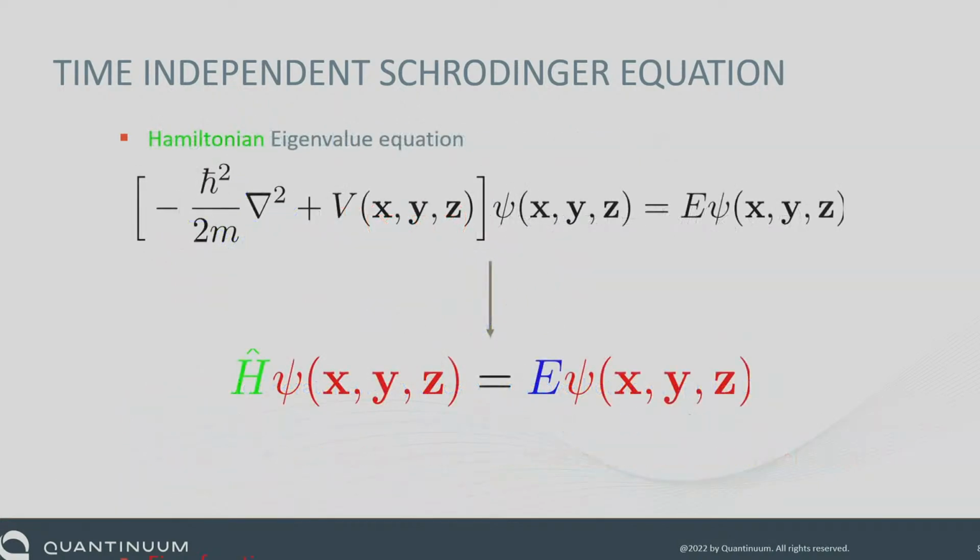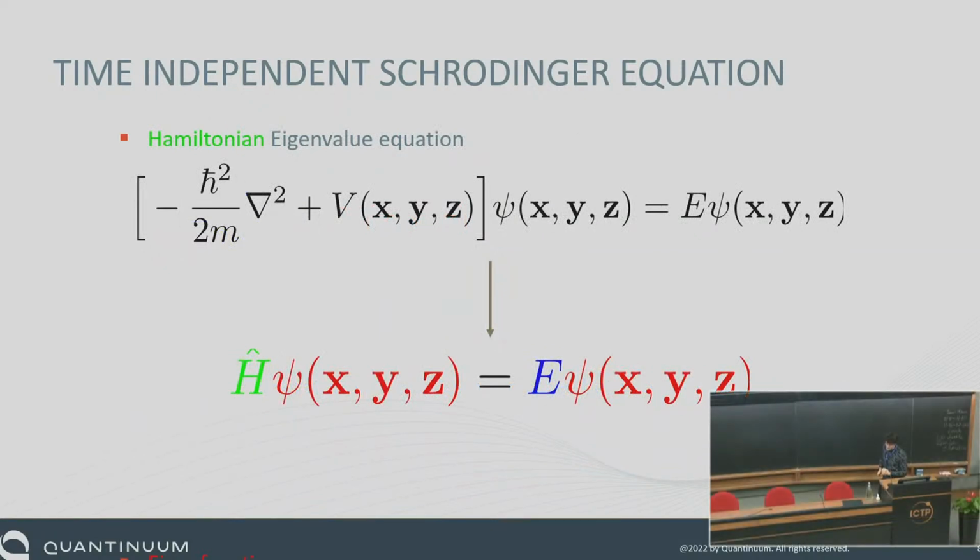So you may have seen it like this. This is what we call the Hamiltonian eigenvalue equation, where we group the operator terms. I should say this is Planck's constant h bar, and this is the mass of your particle.